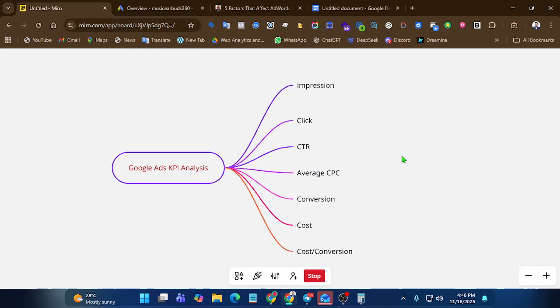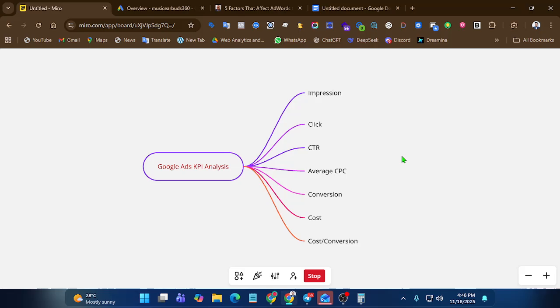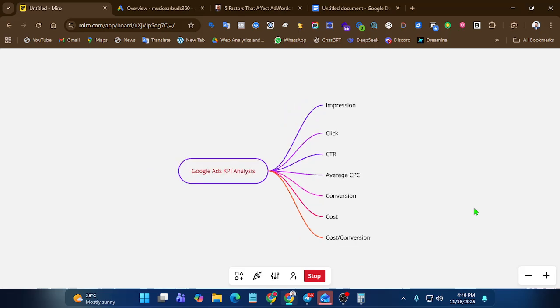This is a simple matrix on Google Ads. This KPI matrix helps us see whether our ads are good or bad and helps us measure our overall performance. Okay, thank you so much everyone.